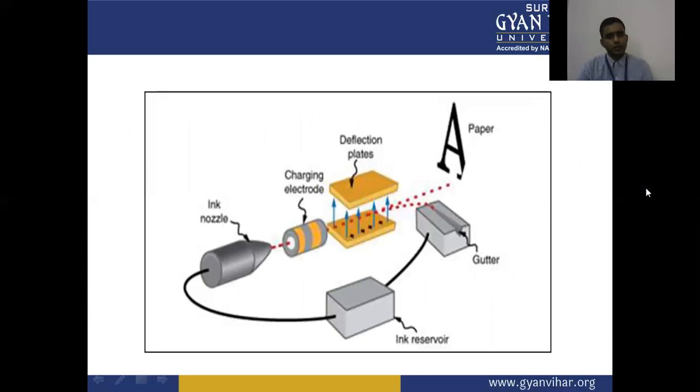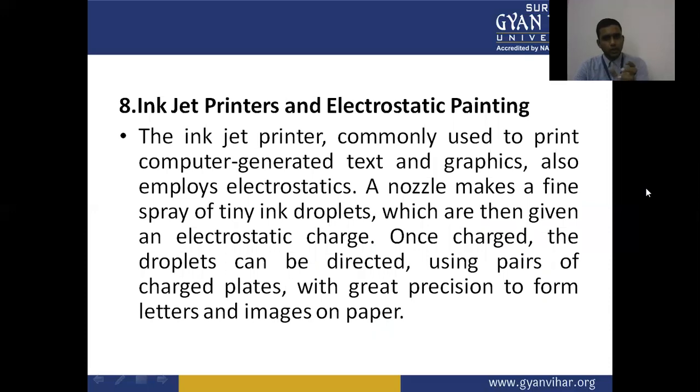So this is the example picture to show how an inkjet printer prints. Ink nozzle, then charging electrodes, deflection plates, and paper. And we have emitters and ink reservoirs. So in an inkjet printer, a nozzle makes a fine spray of tiny ink droplets, which are then given an electrostatic charge.